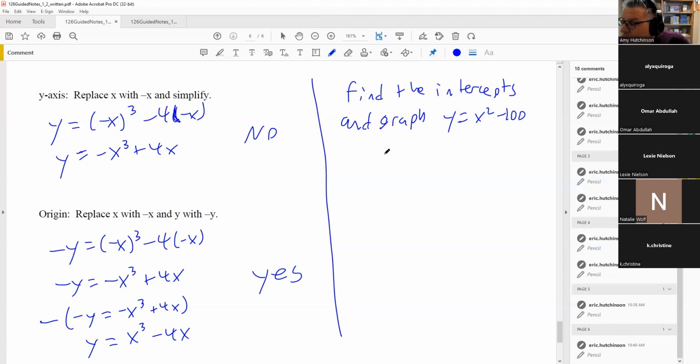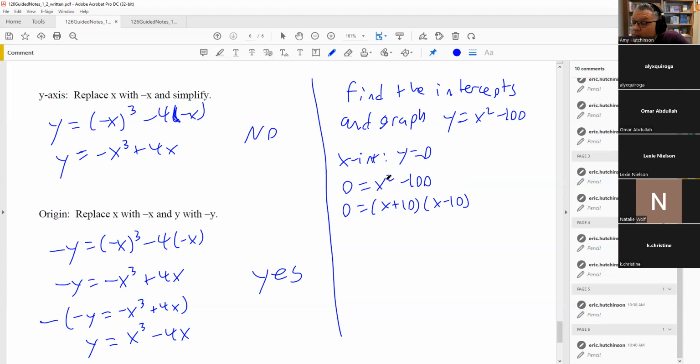First of all, if you want to find the x-intercept, you're going to put in a 0 for y. So I have 0 equals x squared minus 100. That means I would have x plus 10, x minus 10. This is a difference of squares. You're looking for two numbers that multiply to make -10 but add up to 0, because there's no middle term here. Or you can just use the difference of squares formula.